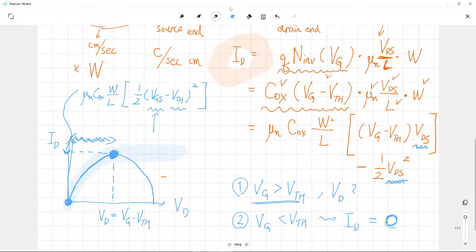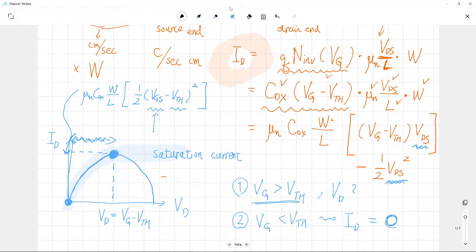This is called the saturation current. So now you understand that although this is quite beautiful, it is applicable only in a certain voltage range.